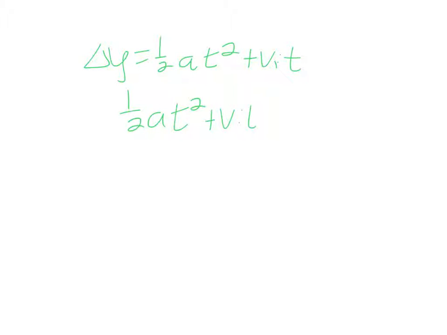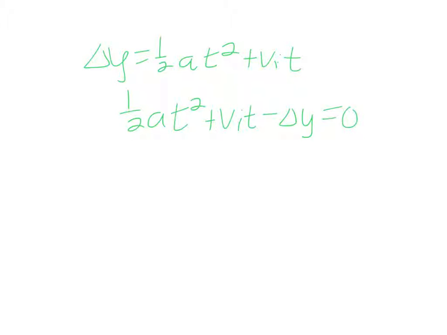So you would want to use delta y equals 1/2 a t squared plus v initial t. Bringing the delta y over to the other side to set this equal to 0: 1/2 a t squared plus v initial t minus delta y equals 0.